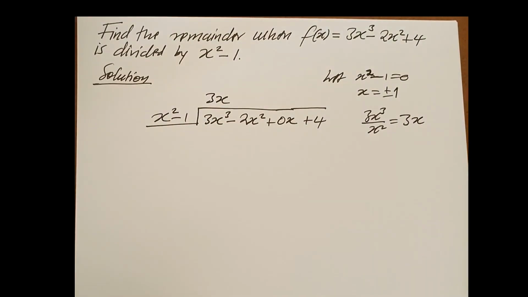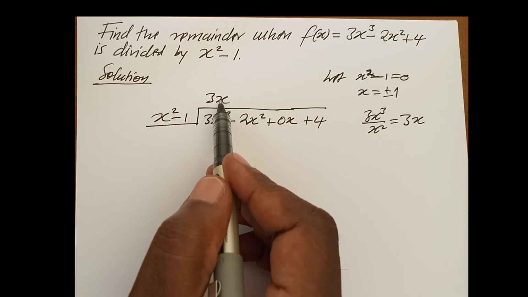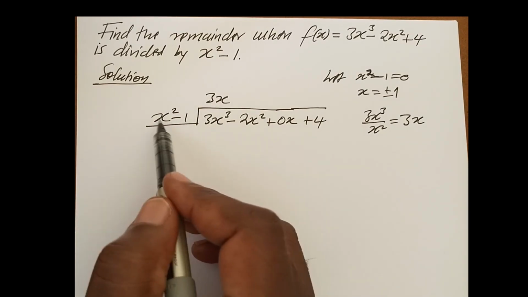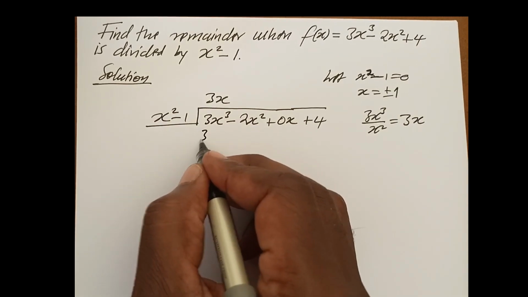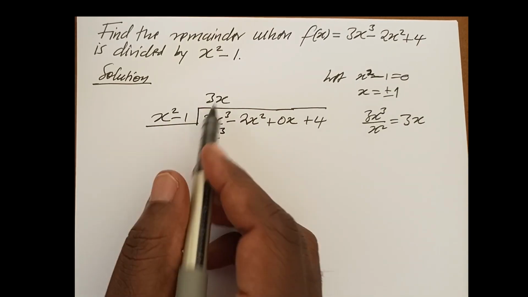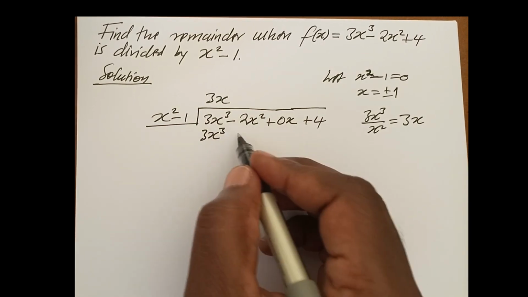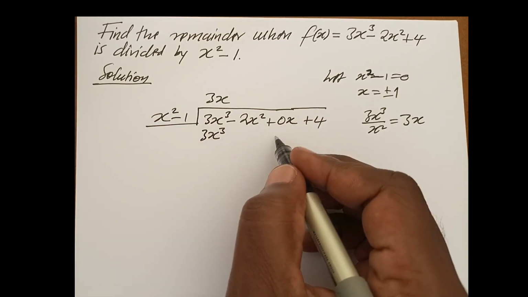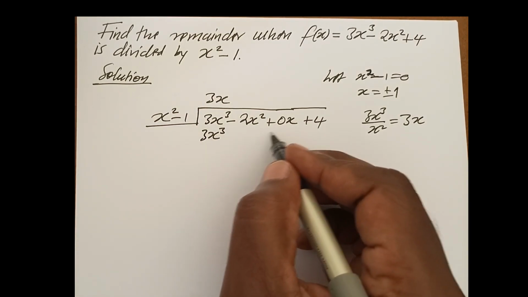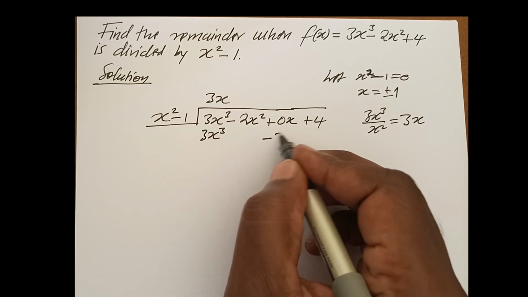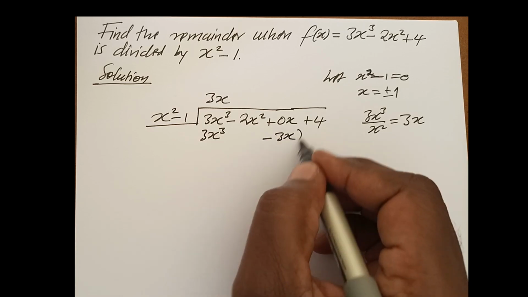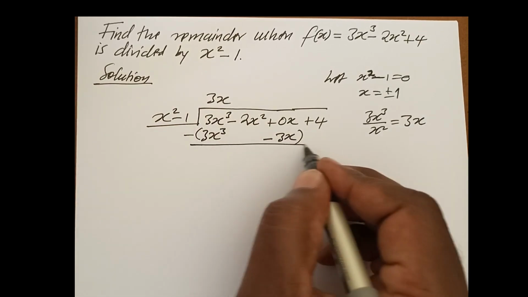That is your first quotient. Then multiply this times the entire divisor: 3x times x squared is 3x cubed, 3x times negative 1 is negative 3x, which you put under the x here.